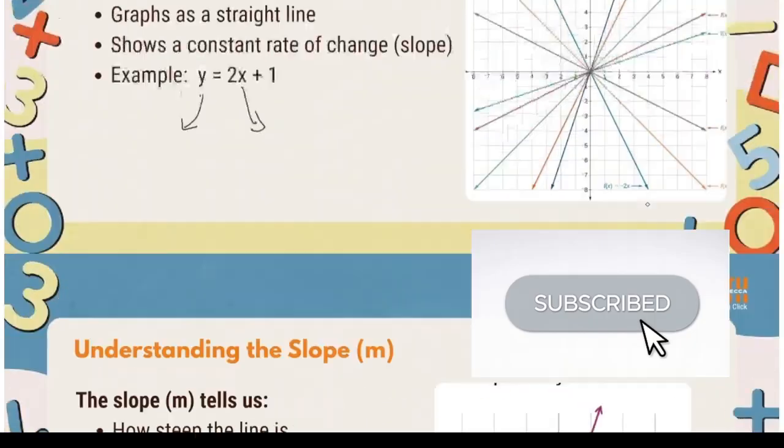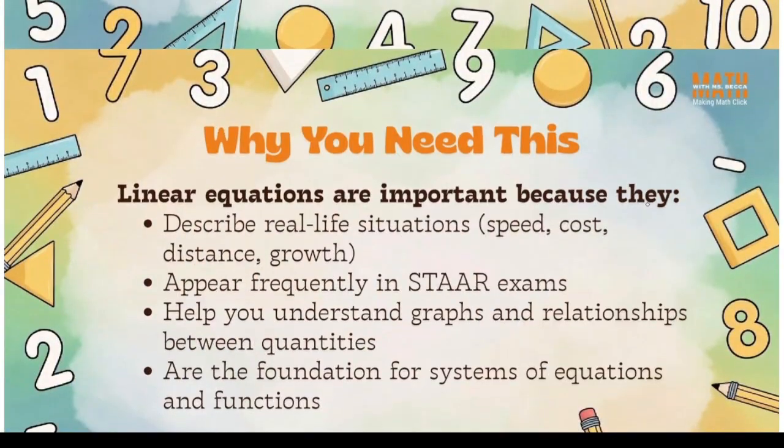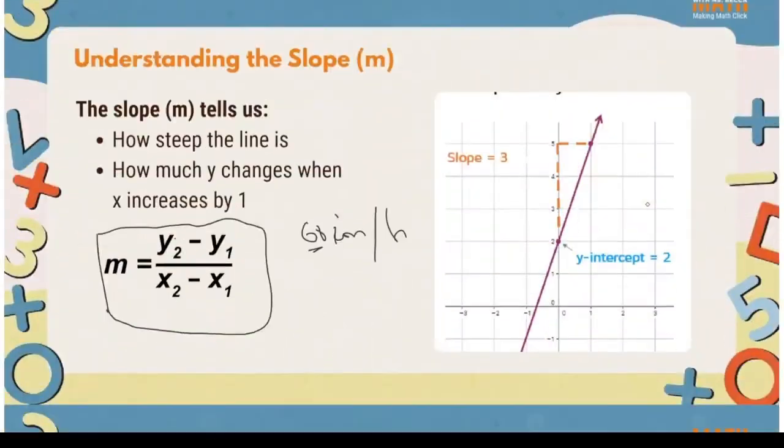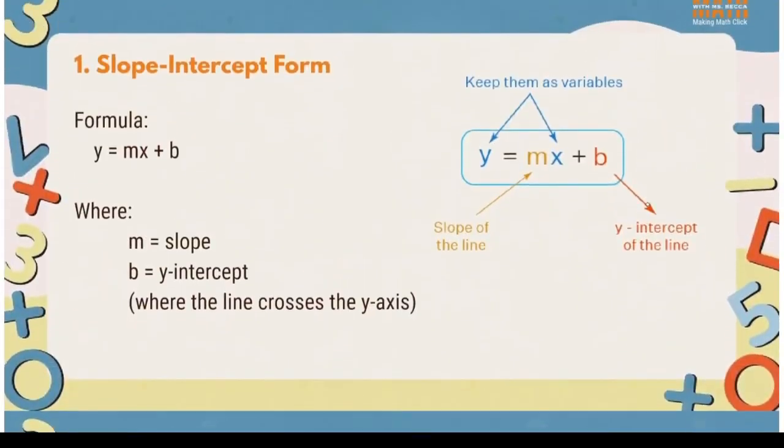Now let's start with what we have first on our objectives: writing equations in the slope-intercept form. I've explained the formula for slope, but this is the formula for the slope-intercept form. So we have y equals mx plus b.